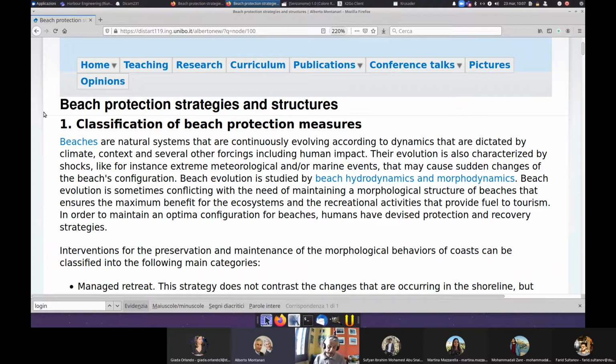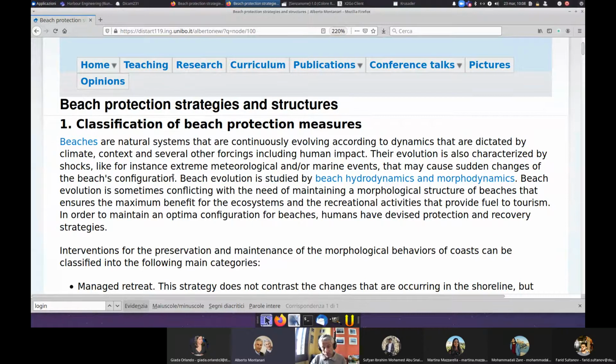Therefore, understanding their functioning for the protection of the harbor and the protection of beaches with an integrated approach is, in my opinion, the most appropriate way to study how these structures should be designed.